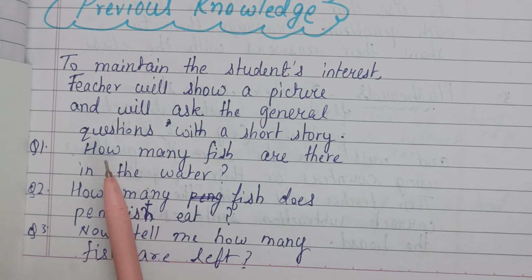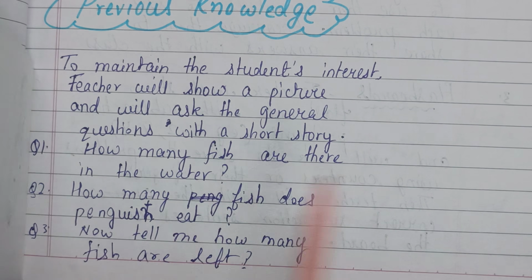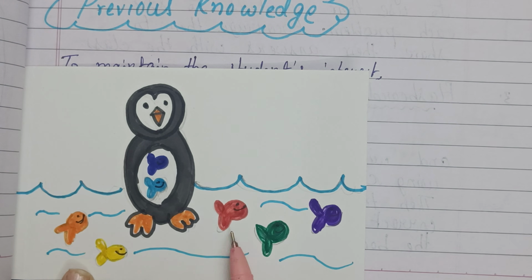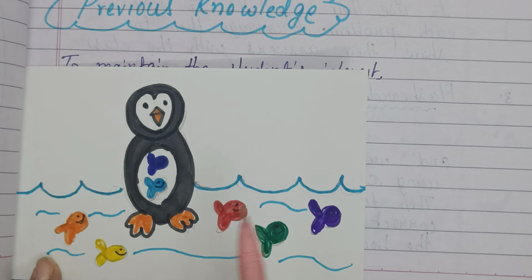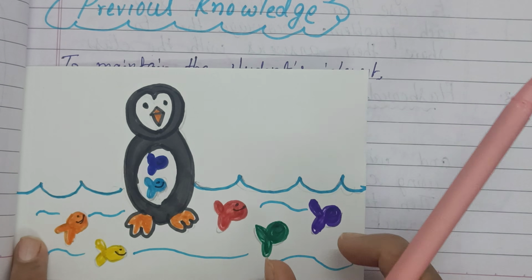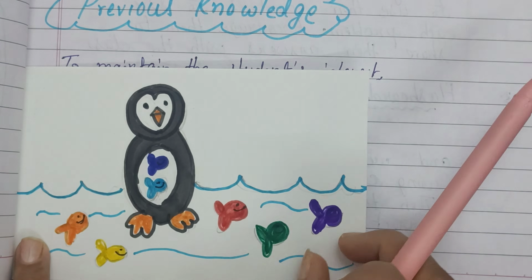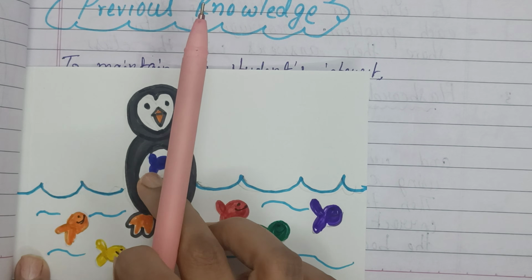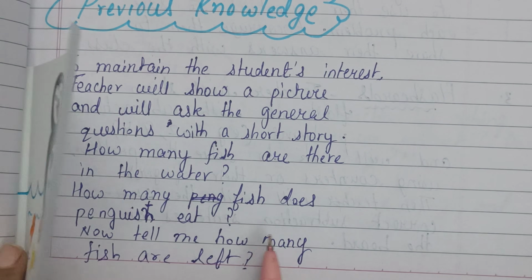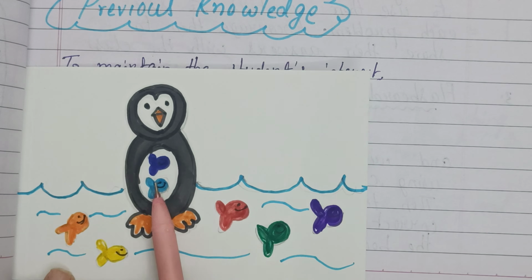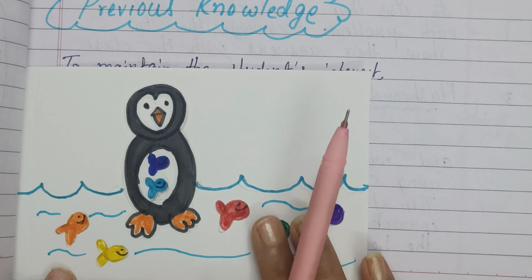Then ask the question, how many fish are there in the water? So 1, 2, 3, 4, 5 fish in the water. Then you will put any 2 fish here, and then you will ask students how many fish the penguin ate.